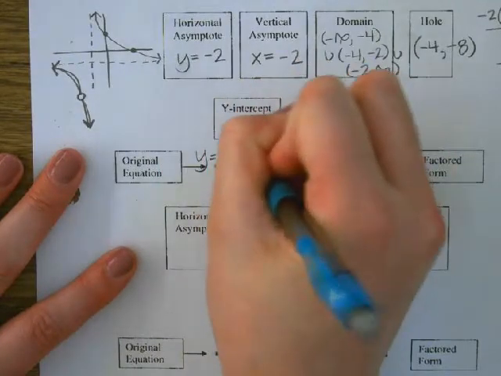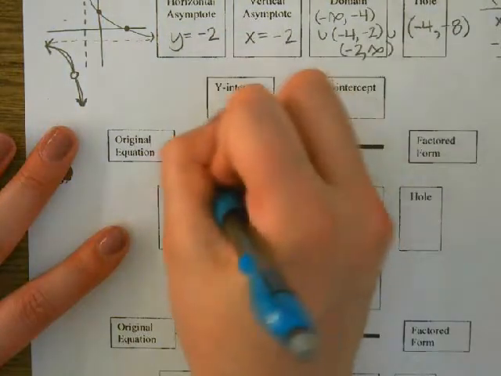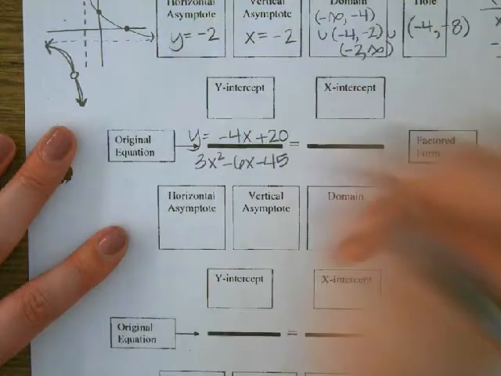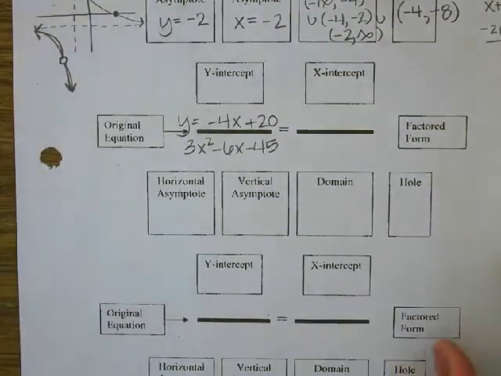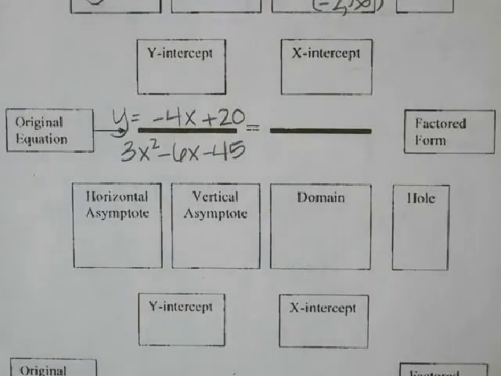Negative 4x plus 20 over 3x squared minus 6x minus 45. So what do we do first? Yeah, you factor. What type of factoring?